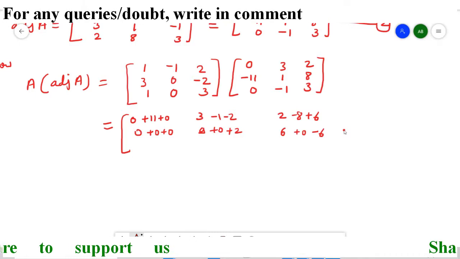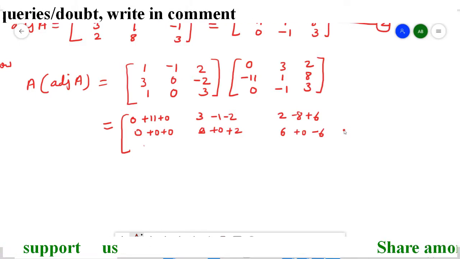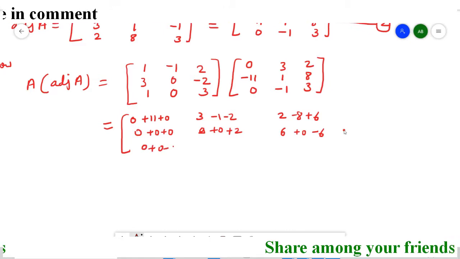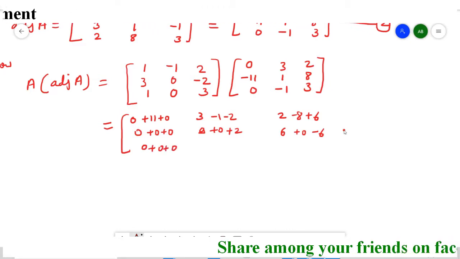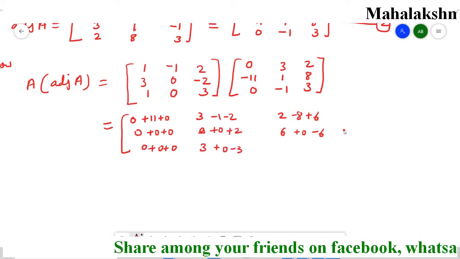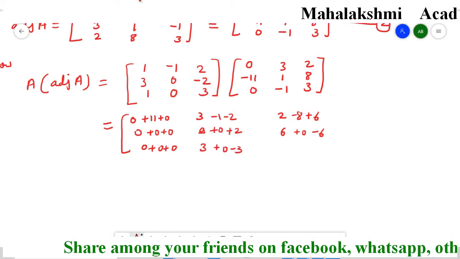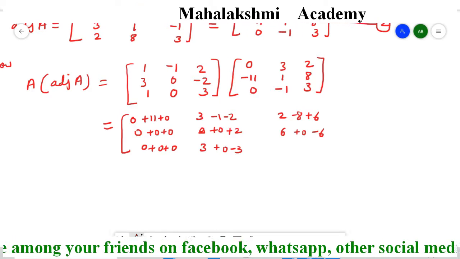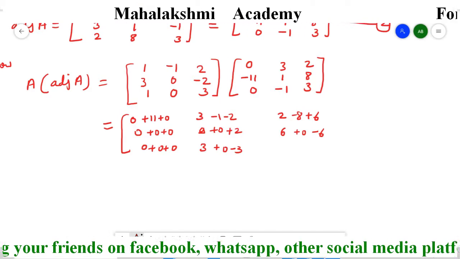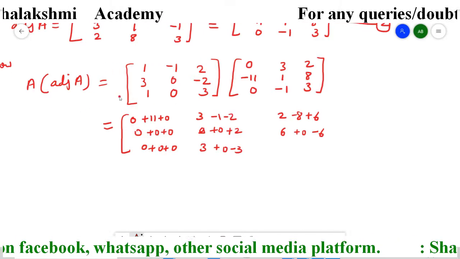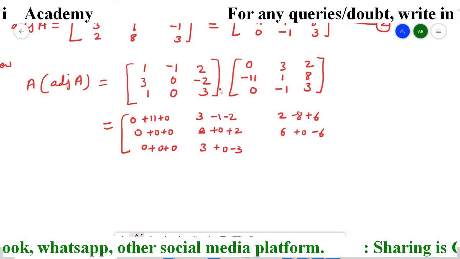Now the third row is multiplied by each column, and the entries will be written respectively in these places. So we'll get here 0, 0, and 0. 3 1s are 3, plus 0, then minus 3. Now we are going to multiply the third row and third column.